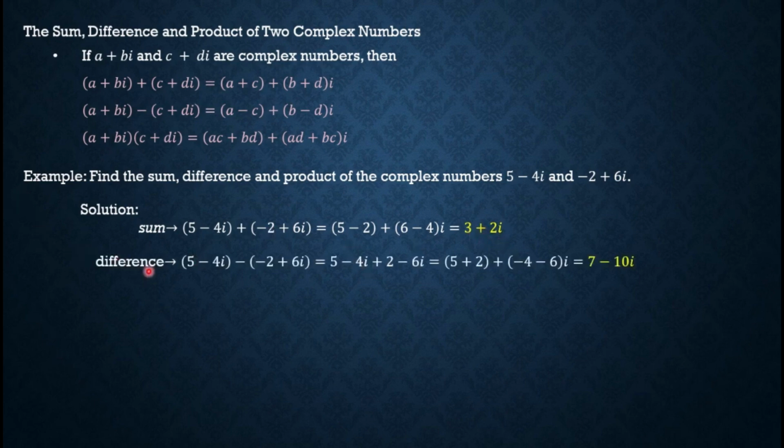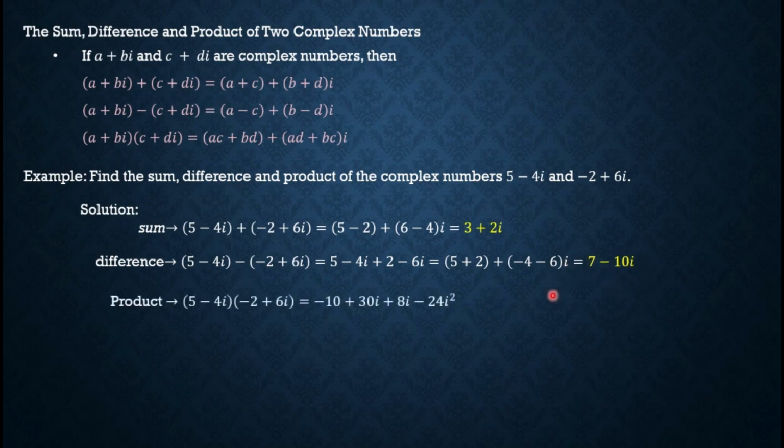So, the difference: quantity of 5 minus 4i minus the quantity of negative 2 plus 6i is equal to 5 minus 4i plus 2 minus 6i, which is 5 plus 2 plus quantity of negative 4 minus 6i, equal to 7 minus 10i. So, that is the answer.